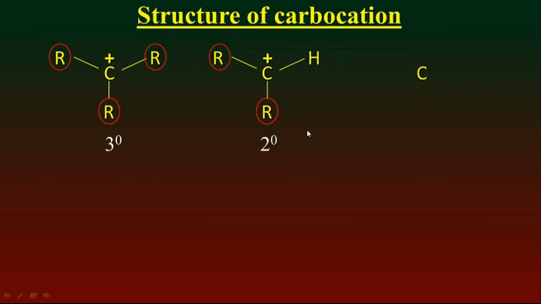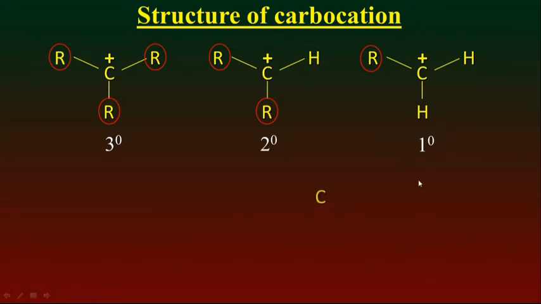And next we see that only one alkyl radical is present here, which is bonded to the positive carbon atom. This is the alkyl radical, so it is called 1 degree or primary carbocation.